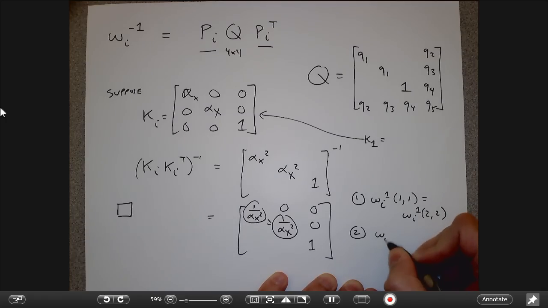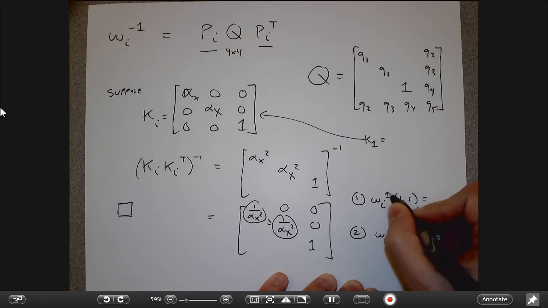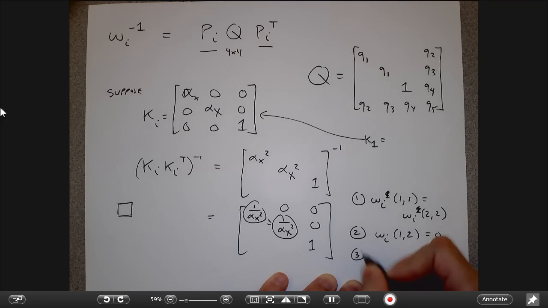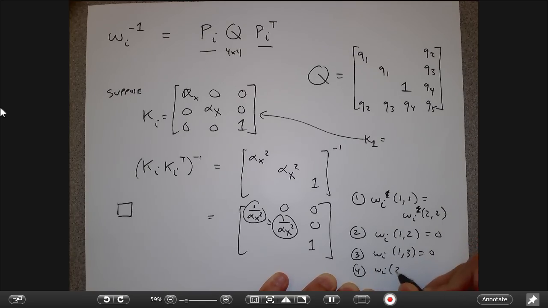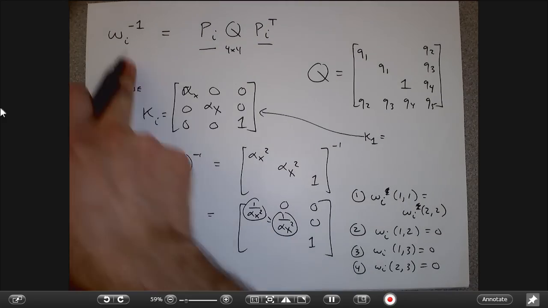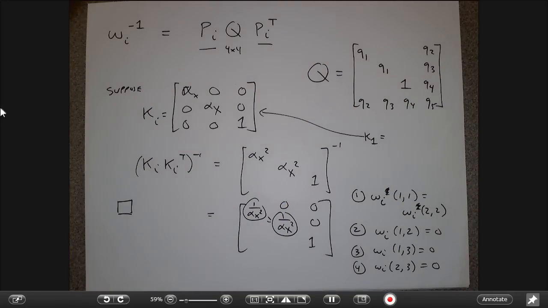So I have to say that the 1, 2 entry is equal to 0. And I could also say that the 1, 3 entry is equal to 0, and that the 2, 3 entry is equal to 0, right? So fundamentally, I have 4 constraints on the left-hand side, and you can imagine that those put constraints on the Q on the right-hand side.